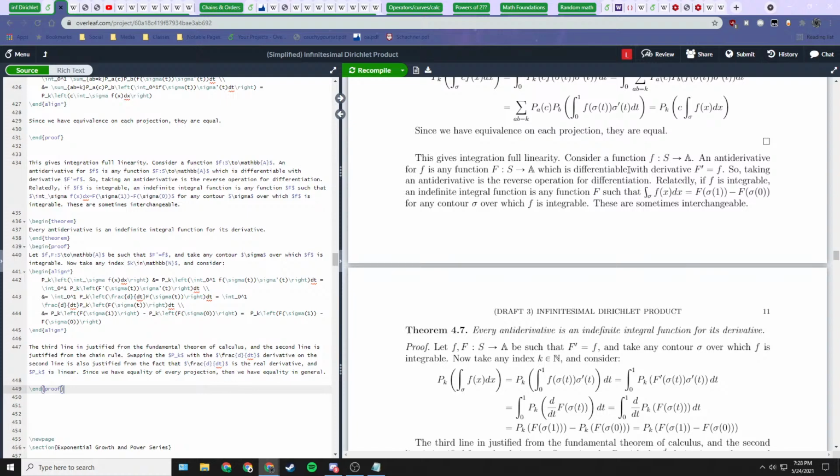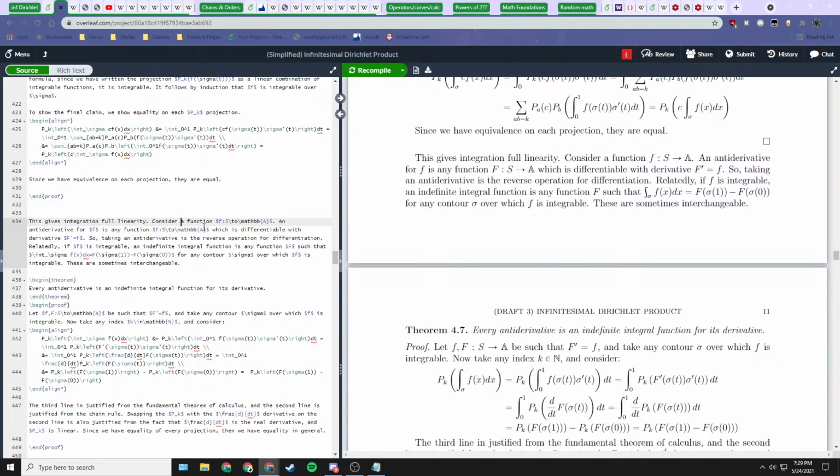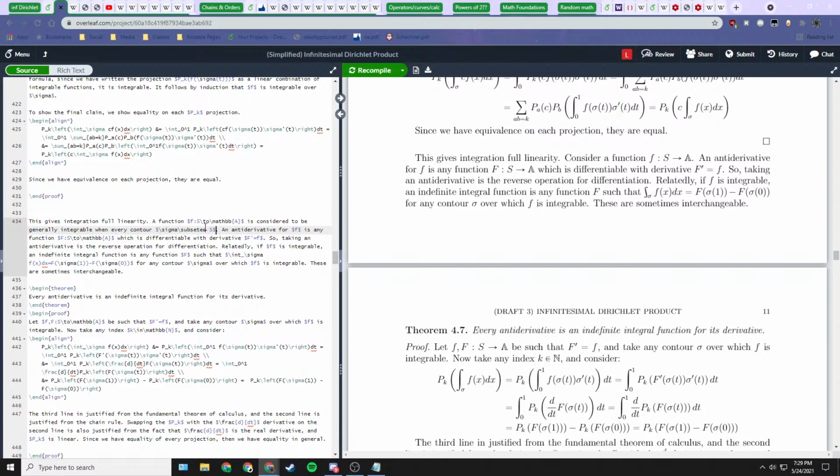I should probably add that because that's sort of a null condition. So we should say a function on S is generally integrable when it is integrable over every contour sigma subset to the domain.